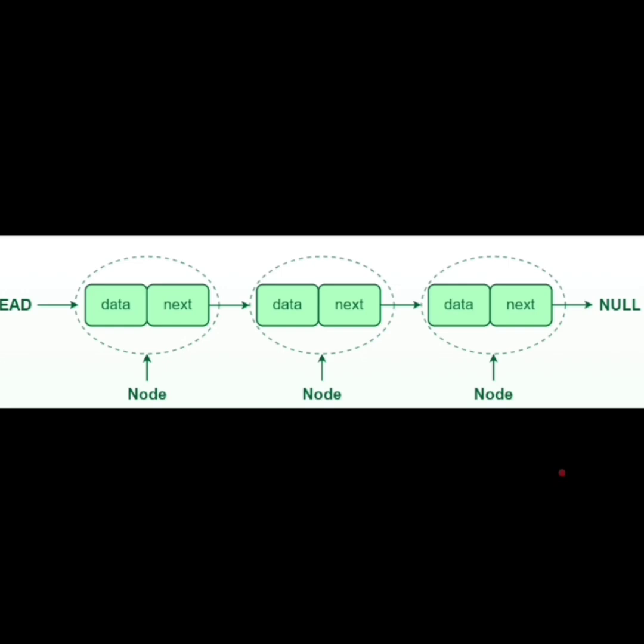Here the node 1 next part points towards the node 2 data part, and similarly node 2 next part follows the node 3 data part, and finally when the list is completed it points towards null. As always, you should remember that node 1 must follow the head only.